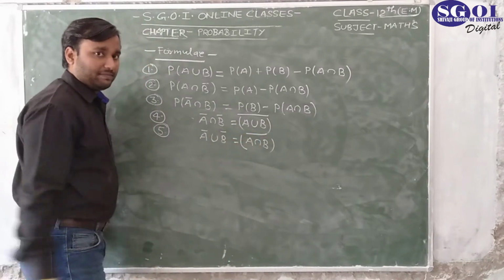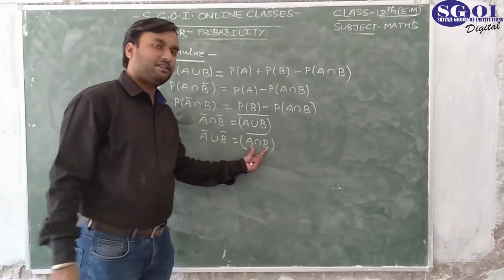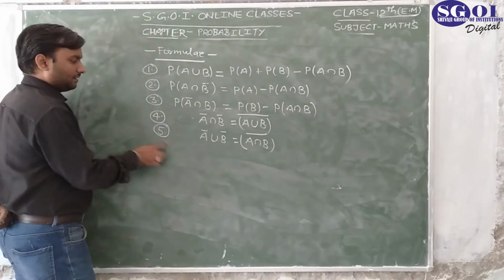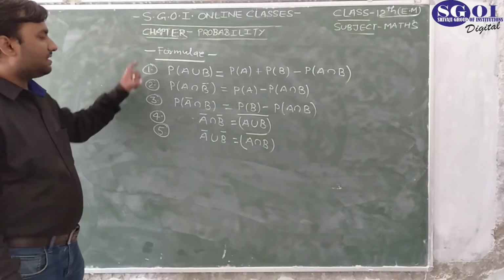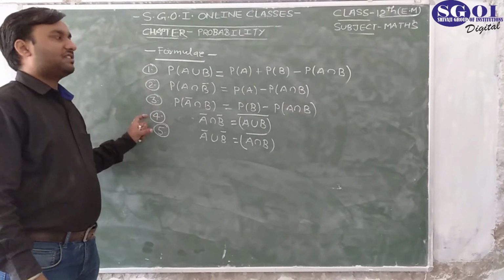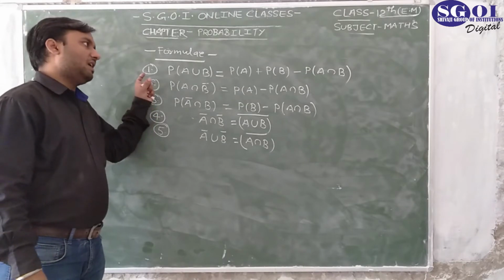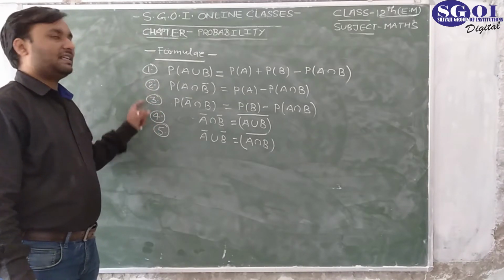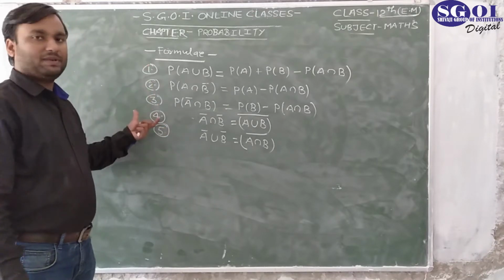Bar means complement, not happening. Complement of A intersection B. These are some formulas which you have to learn to solve the simple problems of conditional probability. Now I will take some simple problems which are asked for 1 mark in board papers.